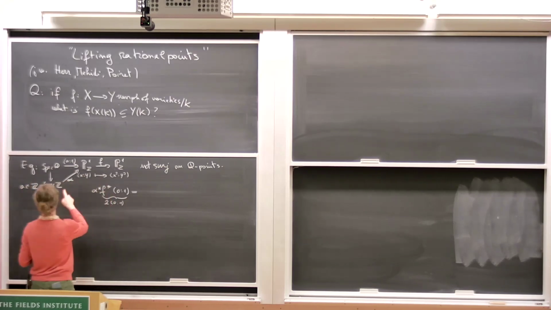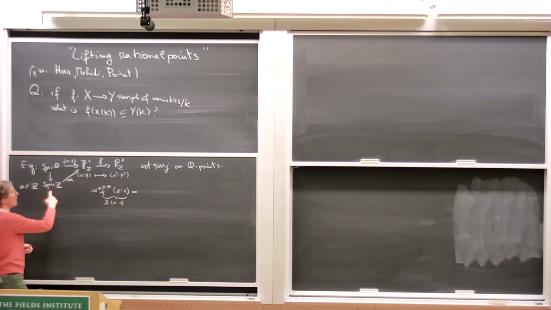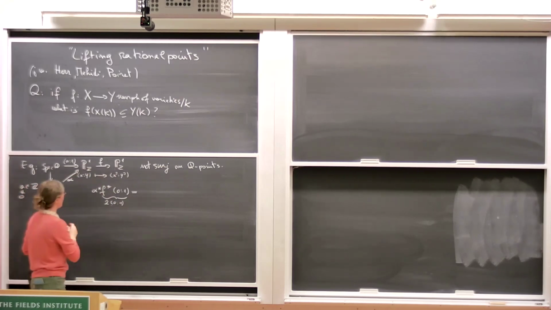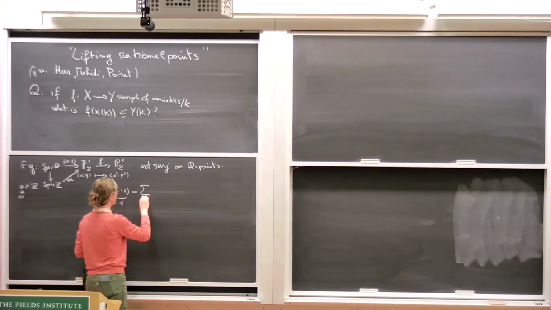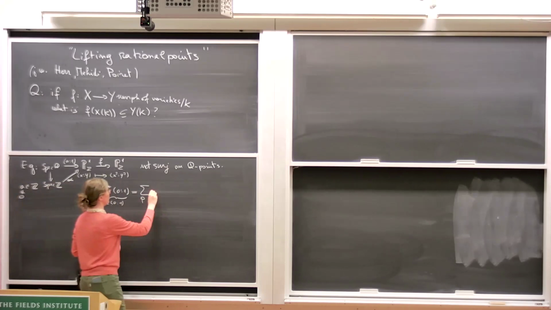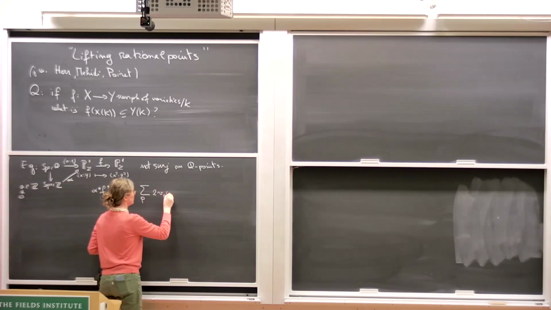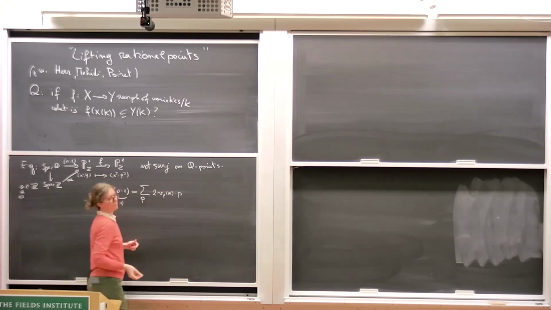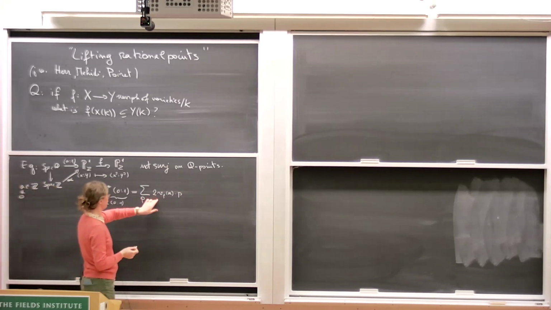And then if I look at the pullback down here, I have a divisor, I pull back here, I have a divisor, and I pull back here. This is also a one-dimensional scheme, and I also have a divisor if a is non-zero, which is what I'm going to look at, the generic case. And then this is the sum over primes p of spec Z of 2 times the p-adic valuation of a times the divisor corresponding to the prime p. And so this 2 is being remembered.